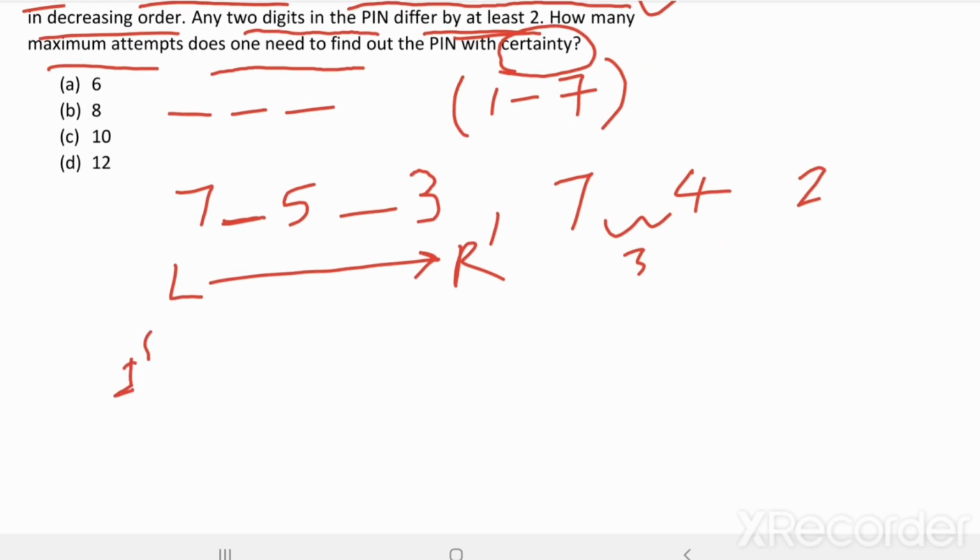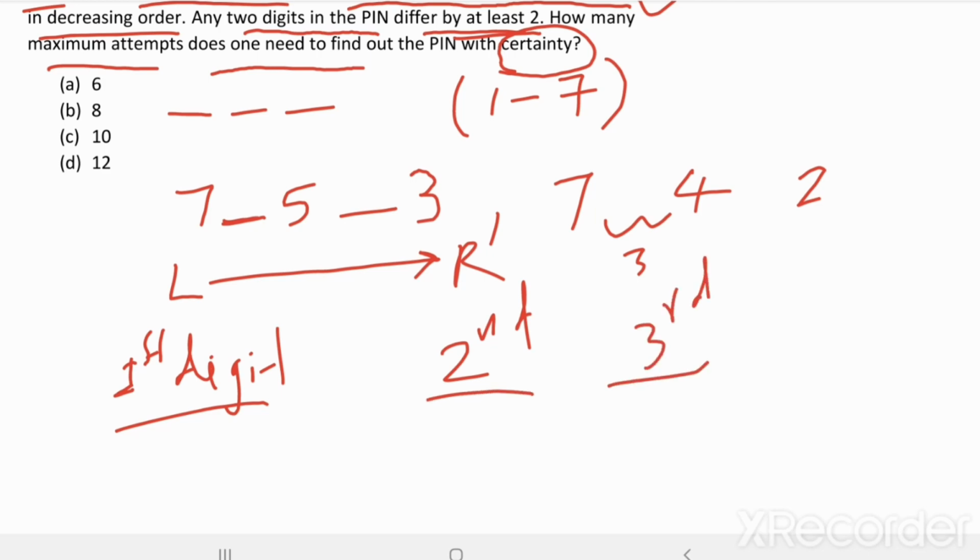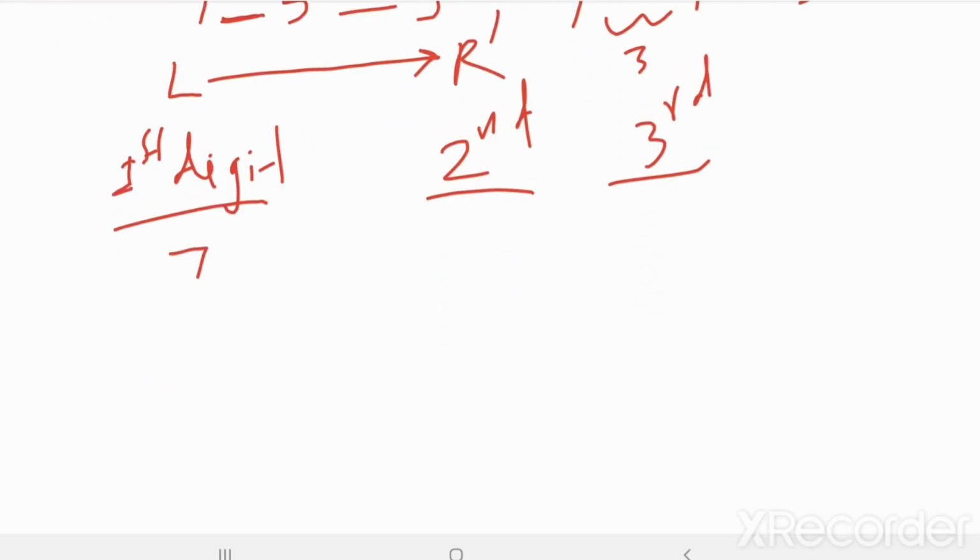So first digit, second, third. If the first digit is 7, then possible second digits are 5, 4, 3. If the second digit is 5, then possible third digits are 3, 2, 1.